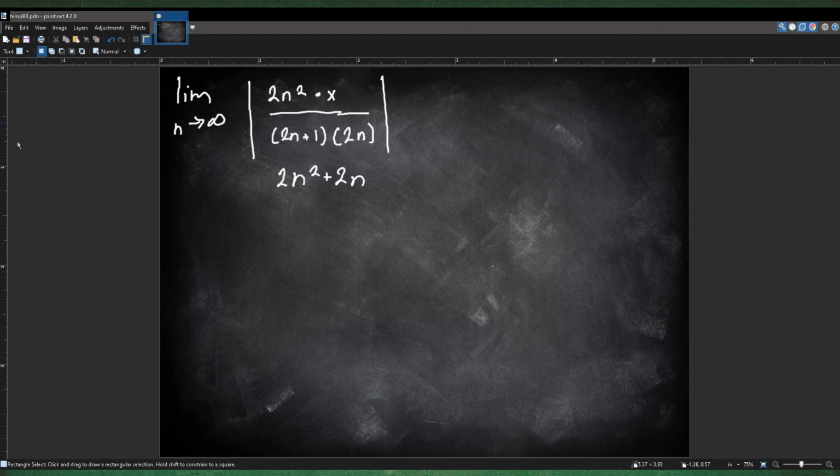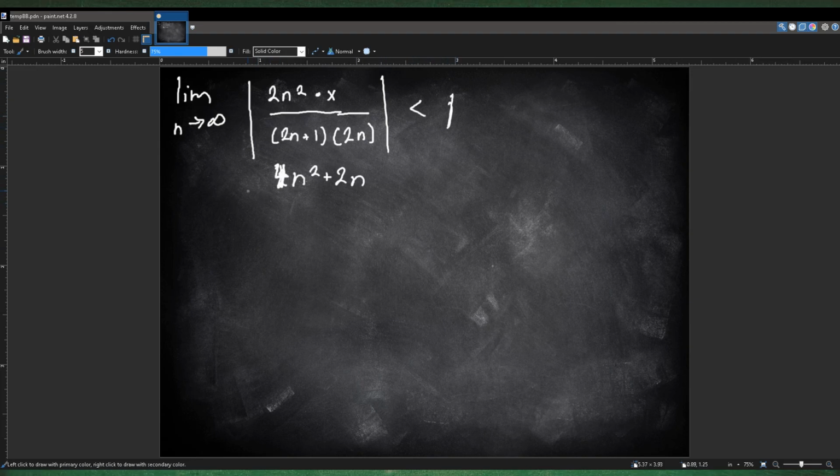Okay, so let's just have it as x. Oh, sorry, this is 4n squared, right? So 4n squared plus 2n. So we have 2n squared times x divided by 4n squared plus 2n on the bottom, right? And we take the absolute value of that, and we need to make sure that's less than 1.